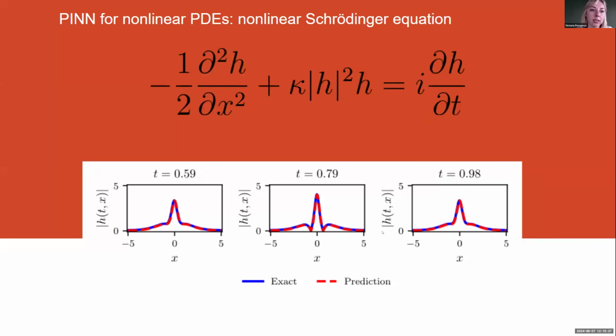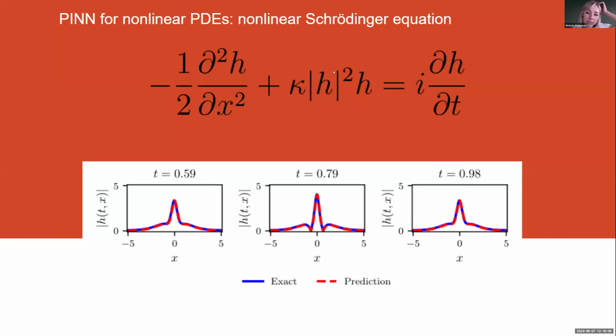Also, we tested this physics-informed neural network for the nonlinear Schrödinger equation, as mathematicians call it. Physicists call it the Gross-Pitaevskii equation, for Bose-Einstein condensates. Here we even compared with the exact solution of this equation. It's without external fields, so it's a simplified version, but it's nonlinear because you can see this term.